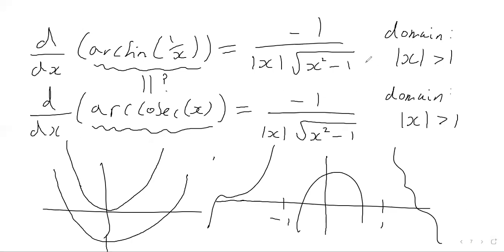So we've got 2 functions with the same derivative. They've got the same domain. So we can clearly state that they are the same function up to a constant. So let's just write this here. Same domain and same derivative.